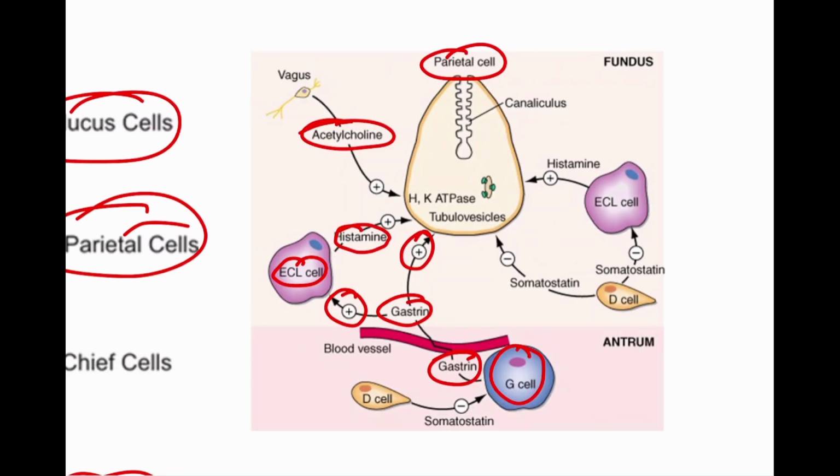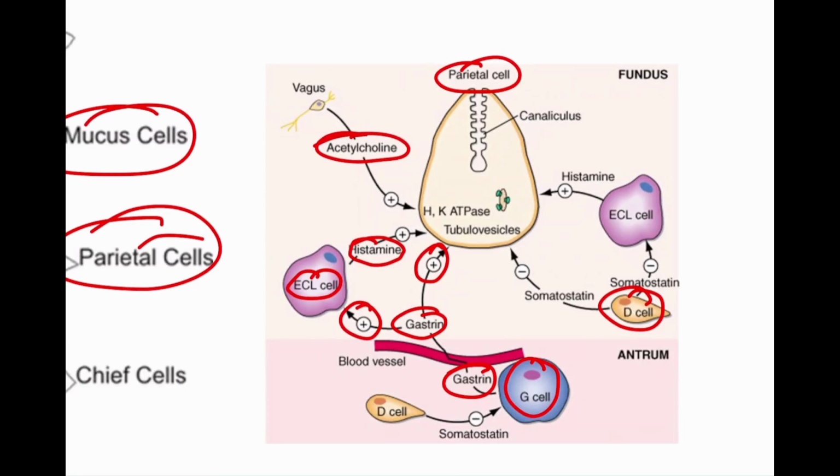On the other side, we have our D cell. D cell makes somatostatin. What did I tell you to remember about somatostatin? Stops things. So somatostatin is going to stop the parietal cell from making hydrochloric acid. And doubly, it's also going to inhibit the ECL cell from making histamine.